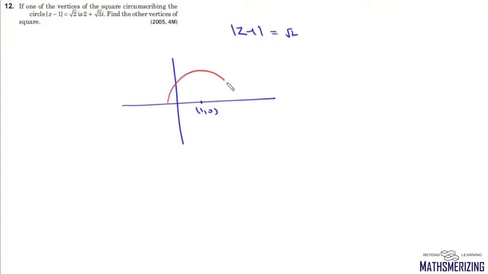Now here the question is, if one of the vertices of the square circumscribing the circle mod of z minus 1 equals root 2 is 2 plus root 3 iota, then find the other vertices of this square. So we have this circle whose center is at (1, 0) and whose radius is root 2.